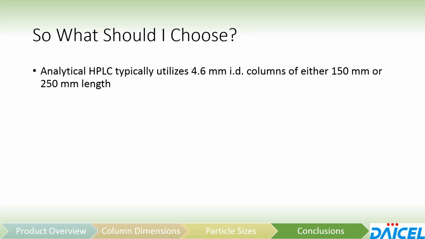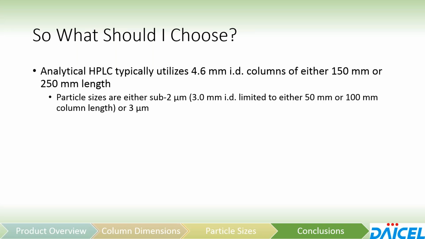But in practice, what we recommend for analytical HPLC, typically, we're going to be utilizing a 4.6 millimeter ID column of either 150 or 250 millimeter length. And as far as particle size goes, either sub 2 micron or 3 micron. Now for the sub 2 micron columns, as I have marked here, they are currently only available in 3 millimeter ID and limited to either 50 or 100 millimeter length columns.